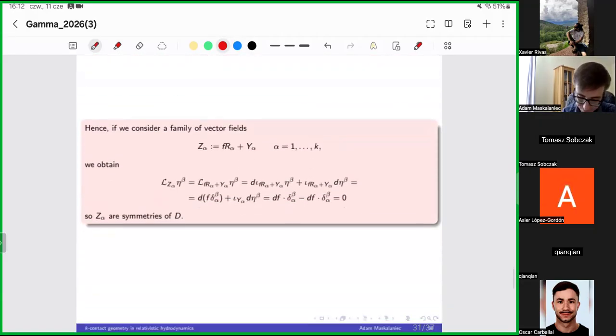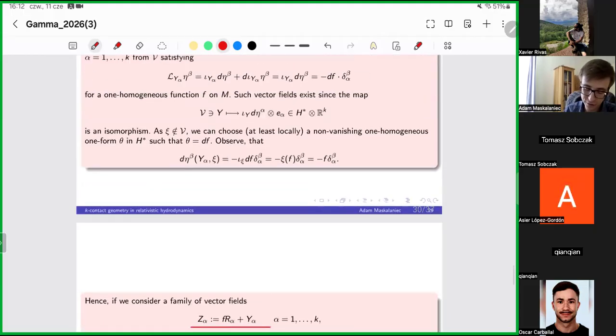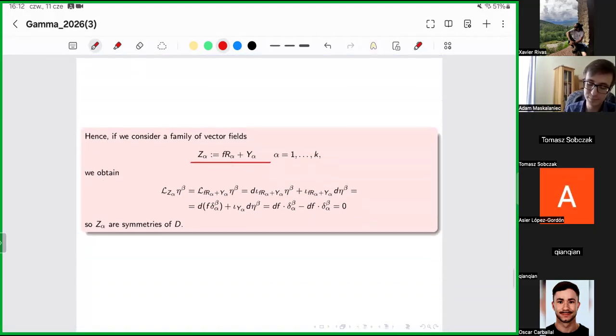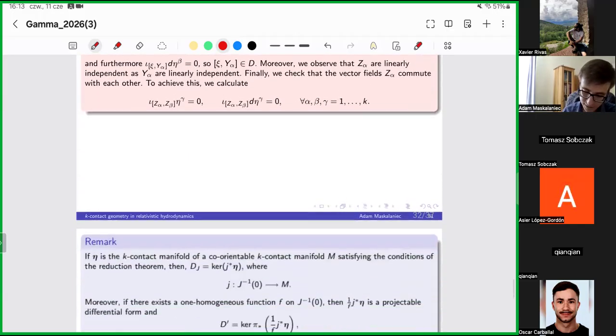And therefore, I must modify those Reeb vector fields to obtain new candidates for these Reeb vector fields. But these are, again, similar calculations. If you want, I have a full version of that proof, so we can discuss some technical issues later, okay?